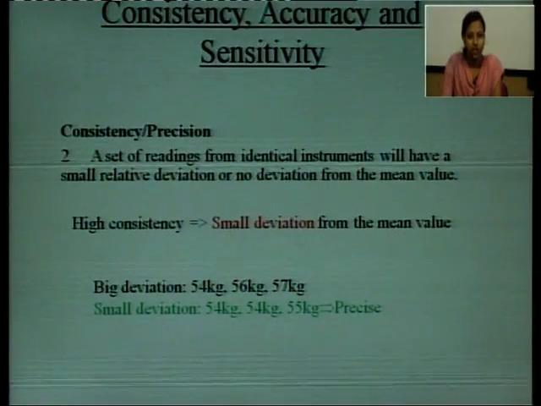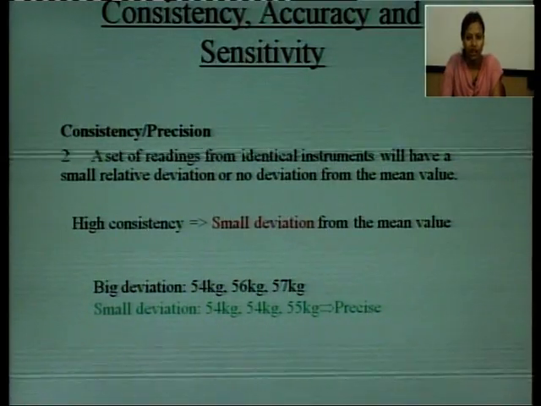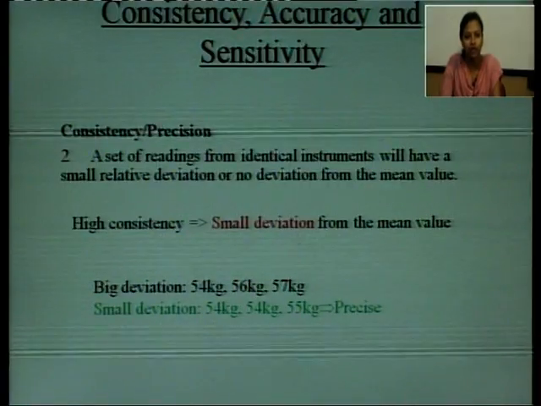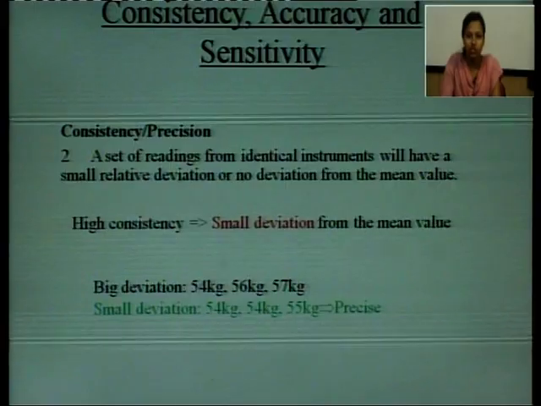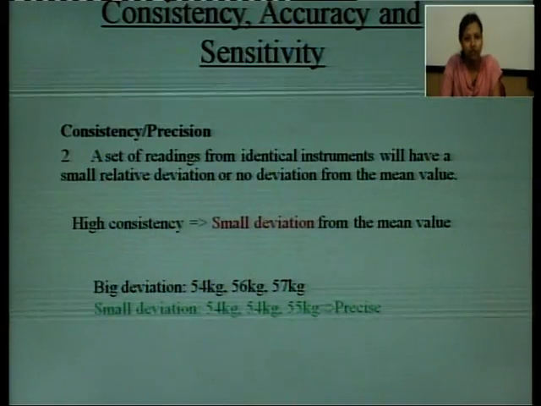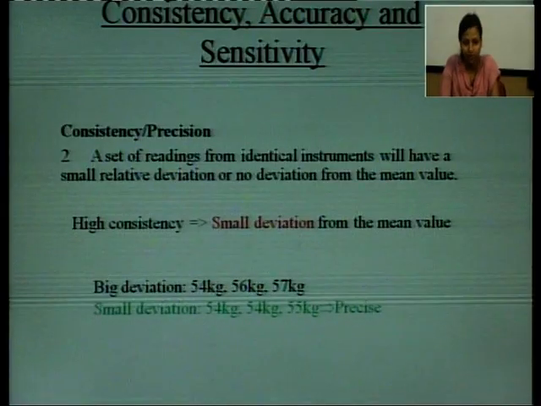Second, a set of readings from the identical instrument will have a small relative deviation or no deviation from the mean value. High consistency means small deviation from the mean value.